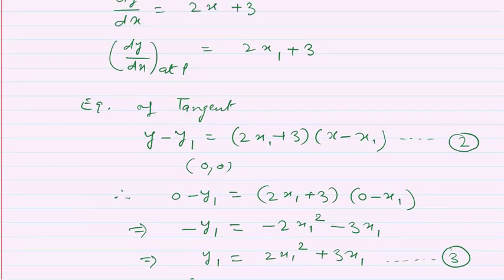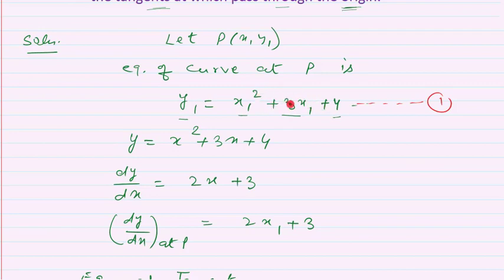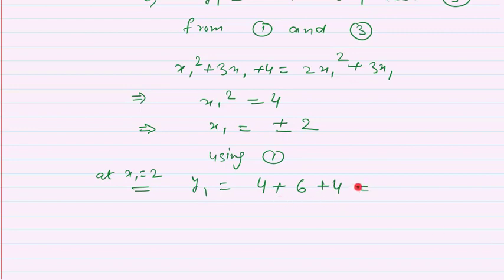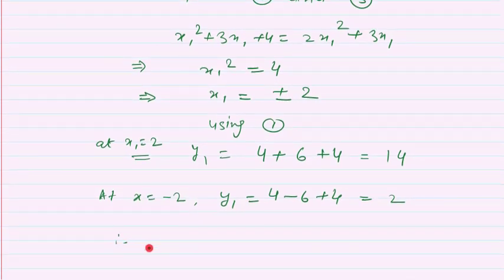Here I am using relation number 1 and I am putting the value of x1 in this relation. So, clearly from here you are getting the value of y1 as 14. Then at x1 is equal to minus 2, y1 is equal to 4 minus 6 plus 4, which is equal to 2. So, therefore, coordinates of the point are, one is 2, 14 and other is minus 2, 2.